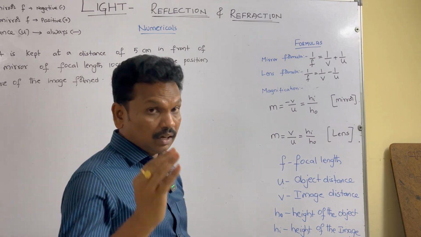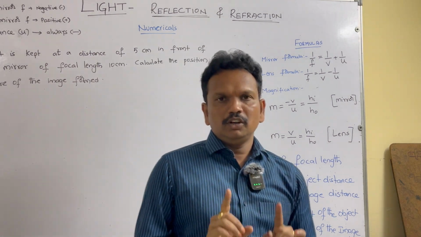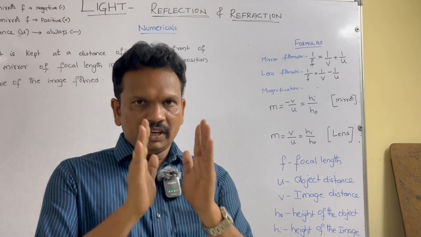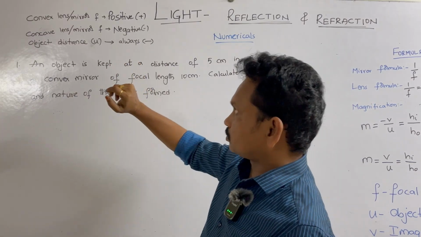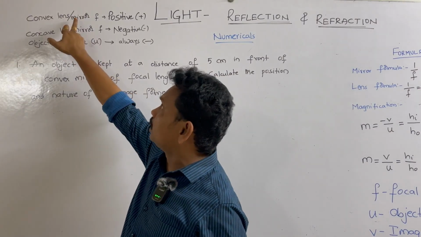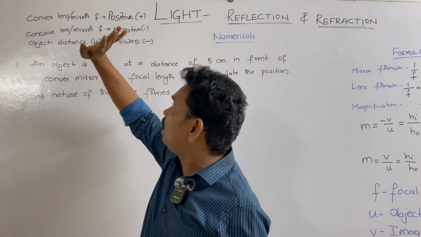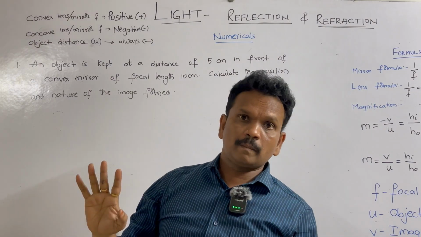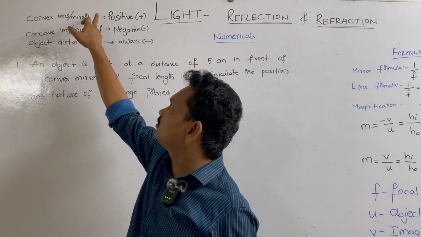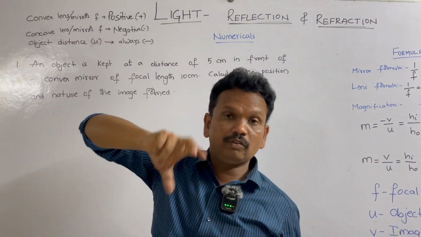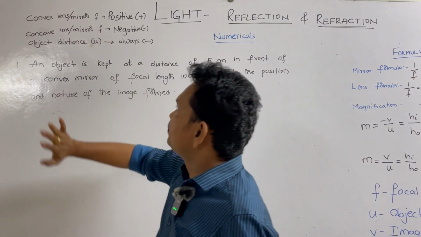Before starting the numerical problem, we need to read the question properly. Convex lens or mirror, focal length is always positive.